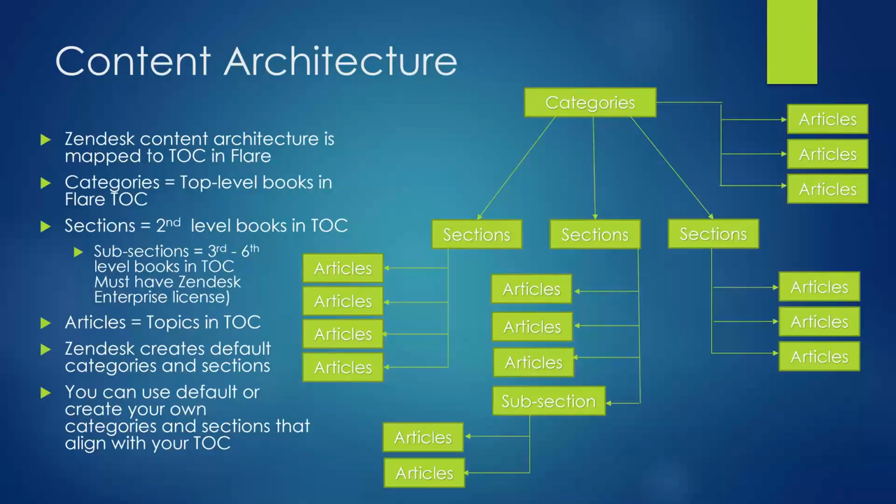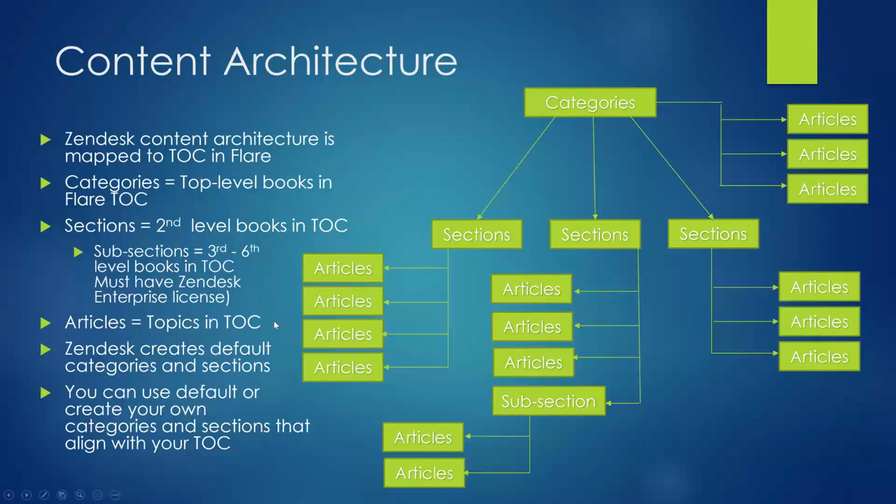Now let's talk a bit about how content is organized in Zendesk. Zendesk content architecture is mapped in Flare using the TOC. You have categories, sections, subsections, and articles in Zendesk. A Zendesk category, section, and subsection all map to books in Flare.